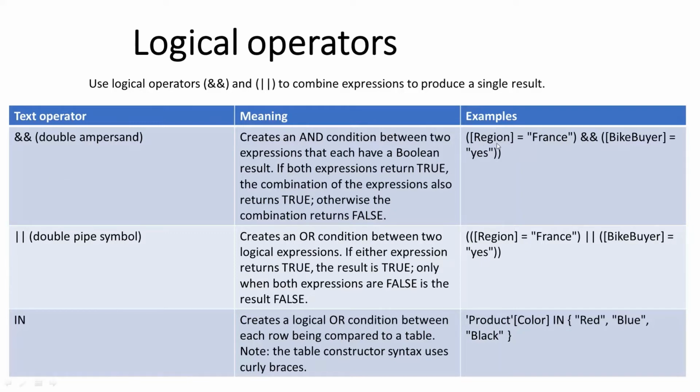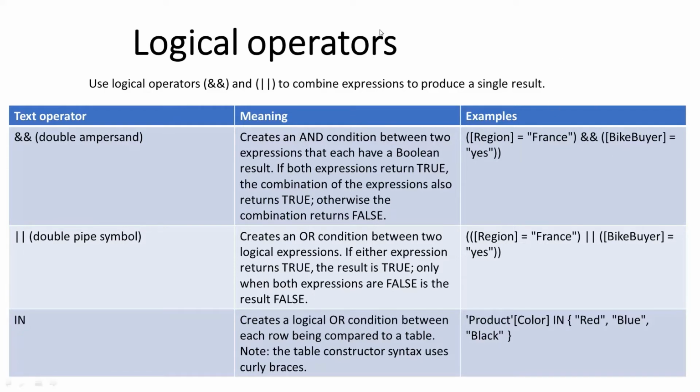Normally, you can say that region equals France is one expression, and biker equals yes is another expression. The first expression can either evaluate to true or false.